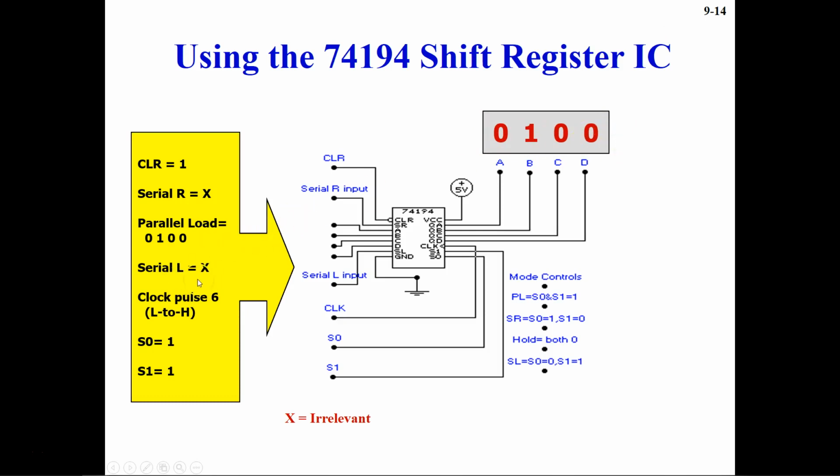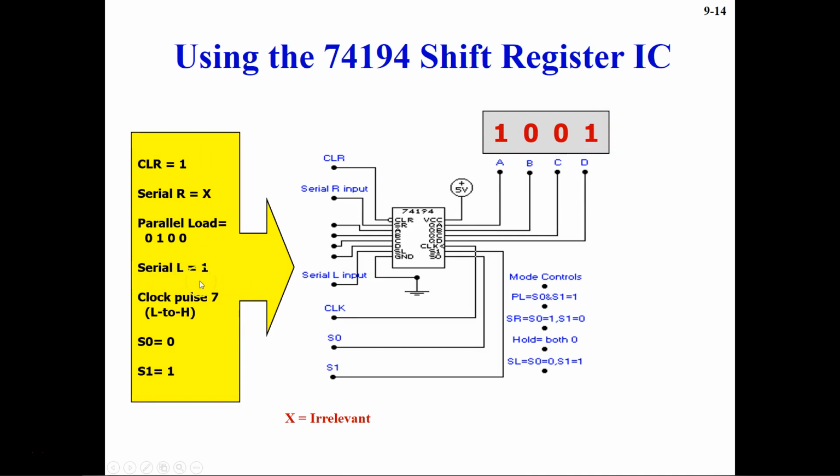Now if your serial L is going to be 1, then what will happen? You are sending 1 from the left here, and the bits are moving towards the left, which means this one should move towards here, and then this new 1 comes from the left side. So you see that one moved over here and then a new one came from here, because serial L is equal to 1.